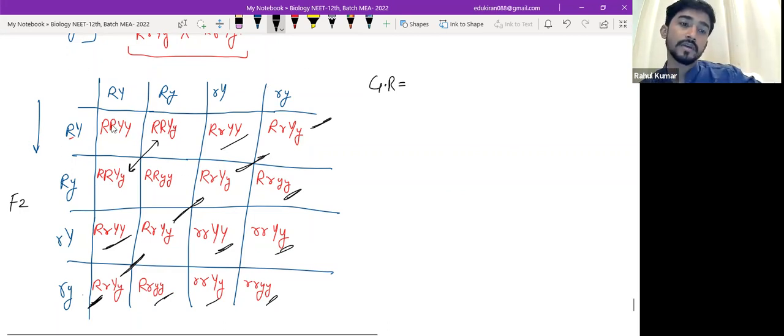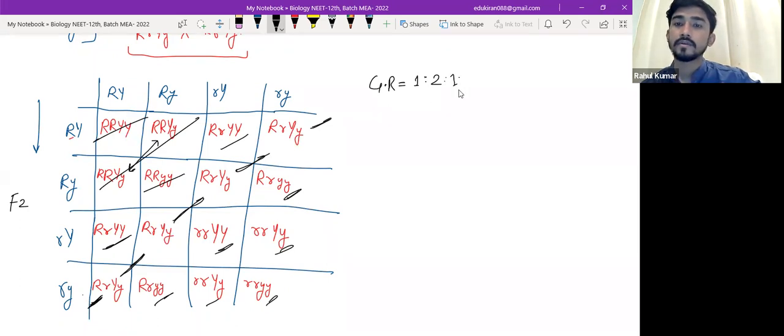So the ratio will be 1 is to 2, is to this 1, is to these two, is to these four together, is to these two again, is to 1.